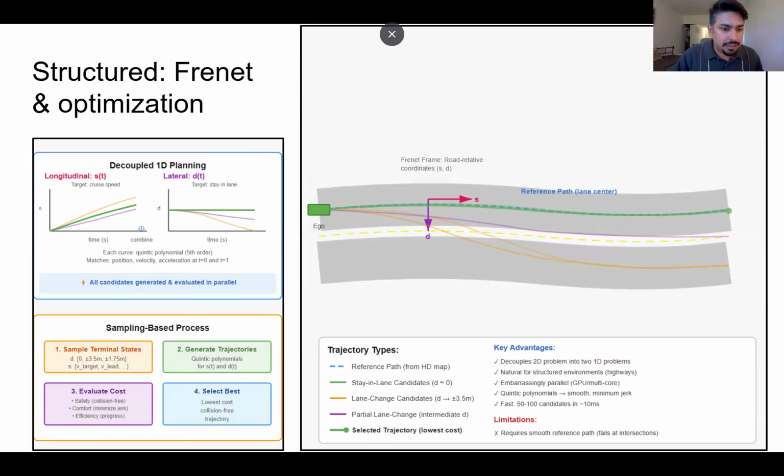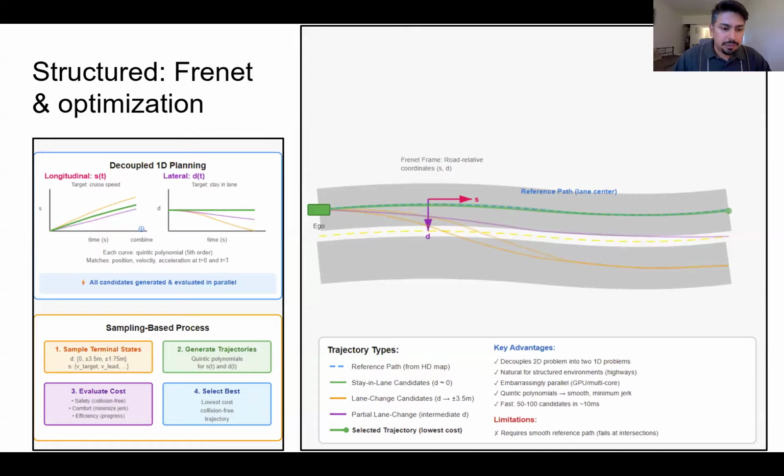You can generate different sample points along the path, and these will be aligned to your reference path. And then you can generate the whole trajectories using quintic polynomials or some other form of connecting, like solving boundary value problems.